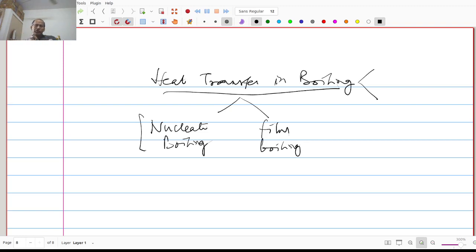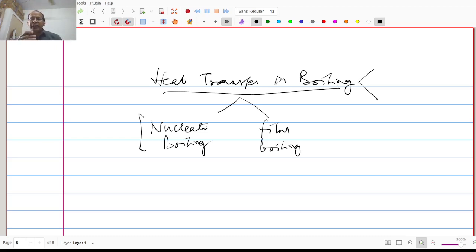So on the surface, because of the heat transfer, the liquid starts evaporating in nuclei, and these nuclei normally are formed at various surface imperfections, cracks on the surface or small lumps or bumps on the surface.